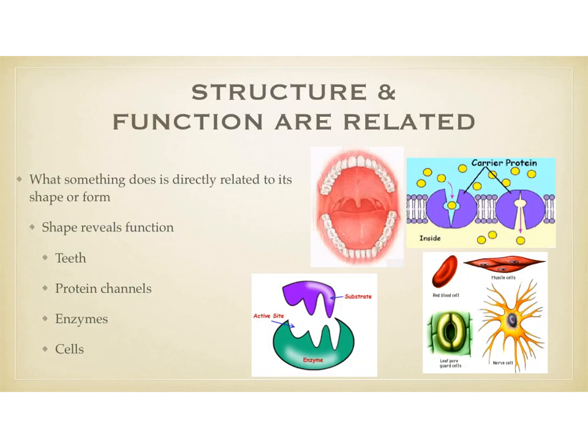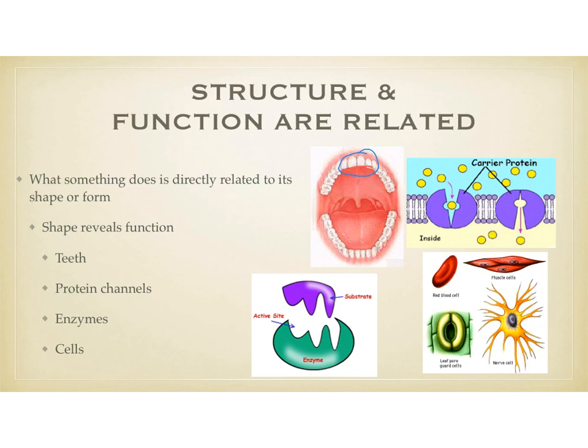Structure and function are related. What something does is directly related to its shape or form. You have pictures of some different structures in organisms. In a human, we have different types of teeth. The incisors up front are for cutting and tearing away at food.